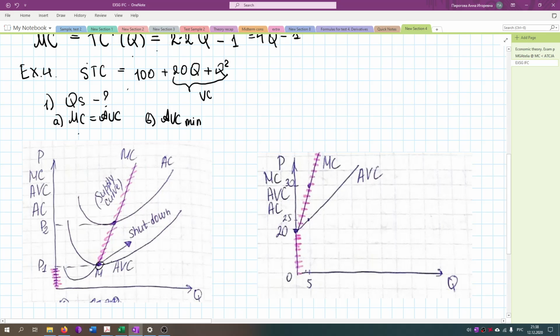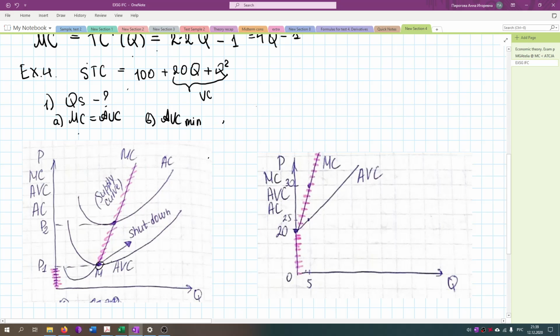This means if we go below the minimum of average variable cost, we will not produce. So if our price in the market is below the minimum of average variable cost, we will not produce and will shut down.